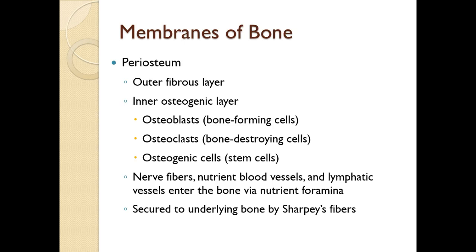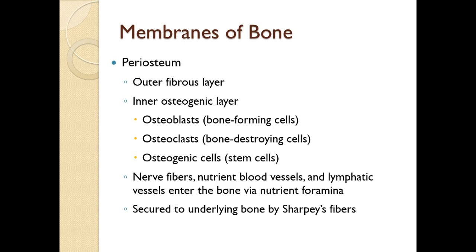All right, so the periosteum. What is that again? Peri means what? Around, right? Perimeter. So the periosteum is on the outside of bone, and it actually has two layers. The outer layer is the fibrous layer. The inner layer is osteogenic. Whenever you see genic, what does that mean to you?